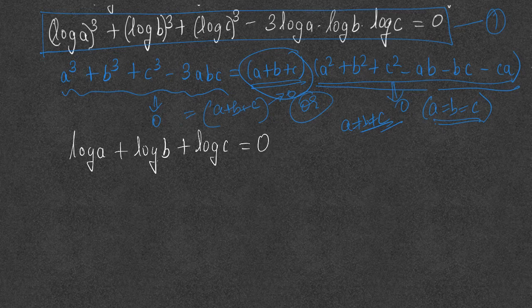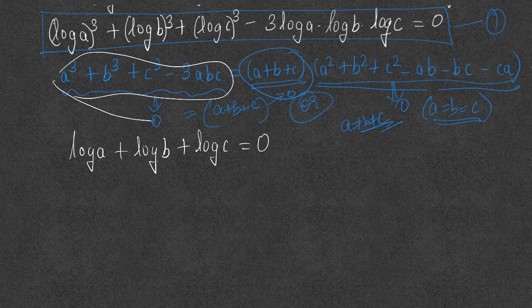Because equation number 1 is in this format, and this format we know is equal to this. Now we know that the left hand side is equal to 0, as we have derived over here.